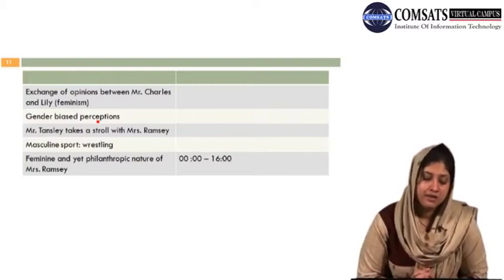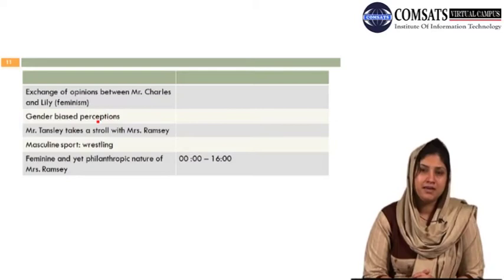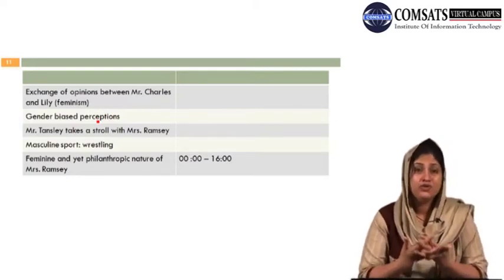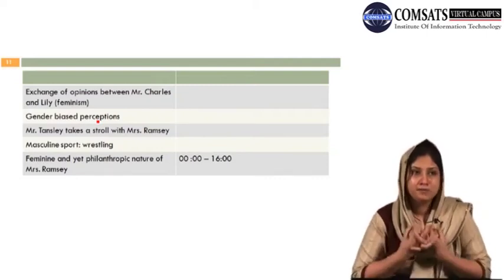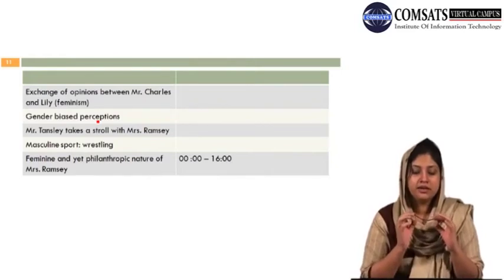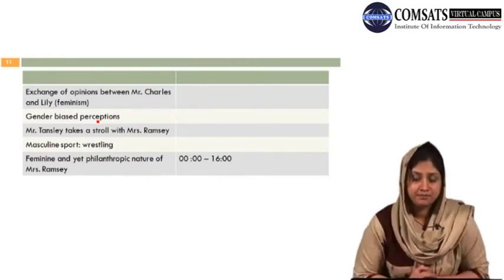And feminism and yet the philanthropic nature of Mrs. Ramsay, how she's keeping up and maintaining her true nature, and how she is keeping up with the expected self of Mrs. Ramsay by Mr. Ramsay is brilliantly presented in this clip.